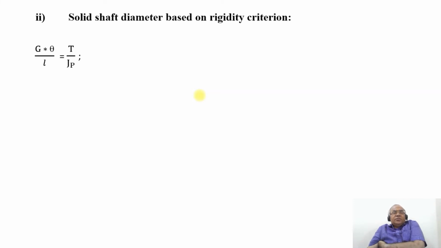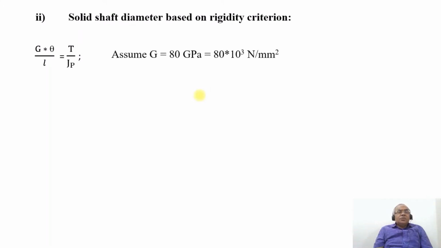Now we are going to find out the solid shaft diameter based on the rigidity criterion. That is T by Jp will be equal to G theta by L. We know the value of G is given as 80 into 10 to the power of 3 Newton per mm square. We are assuming the value, since it is not given, as 80 GPa. So now substitute the values.